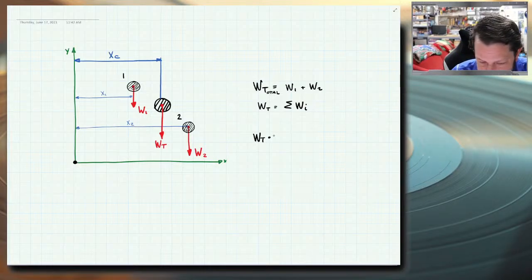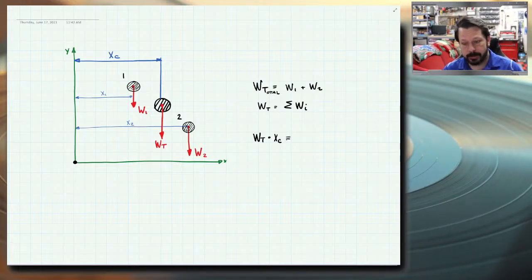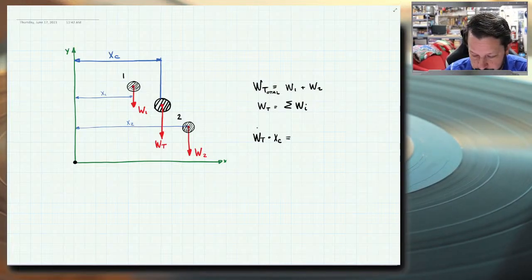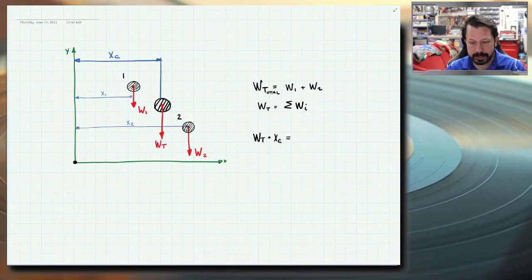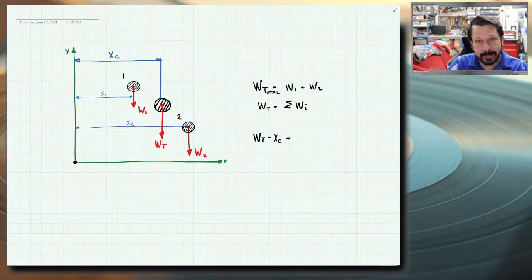So if I take that WT, total weight, multiplied times xc, that would be a moment. A force or a weight times a distance creates a moment. And I want to have the same effect as all the individual little spheres, W1 and W2, added together.